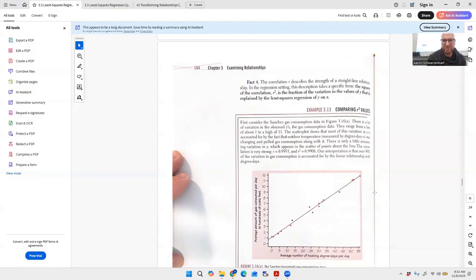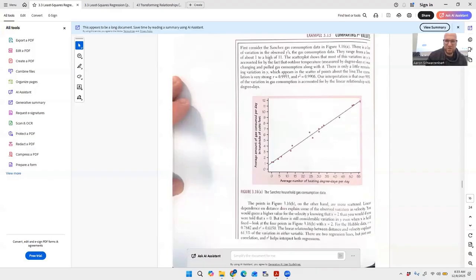So you remember the Sanchez family and their gas example from last week? We can see that their r is 0.9953 and their r squared is 99.06%. So 99.06% of the variation in gas consumed per day can be predicted by the heating degree days.